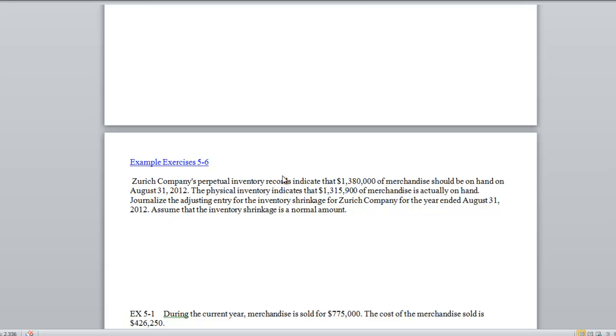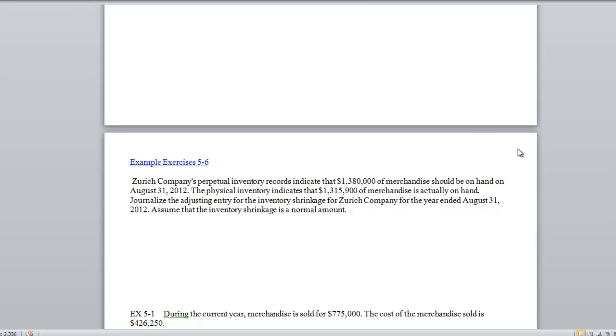So let's talk about this right here. Our accounting records are using a perpetual system. So every time we make purchases of inventory or make a sale, we're updating the accounting records. Therefore, at any point in time, we should be able to look at our accounting records and have an accurate number for what the dollar amount of our inventory should be. However, when we actually took a physical count, there's a difference between what our accounting records showed and how much we had, right?